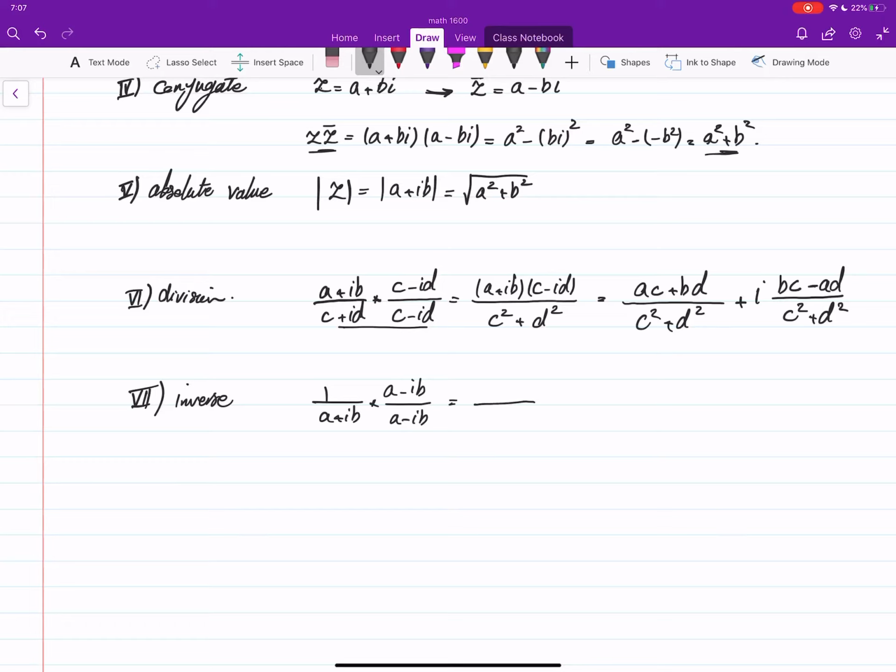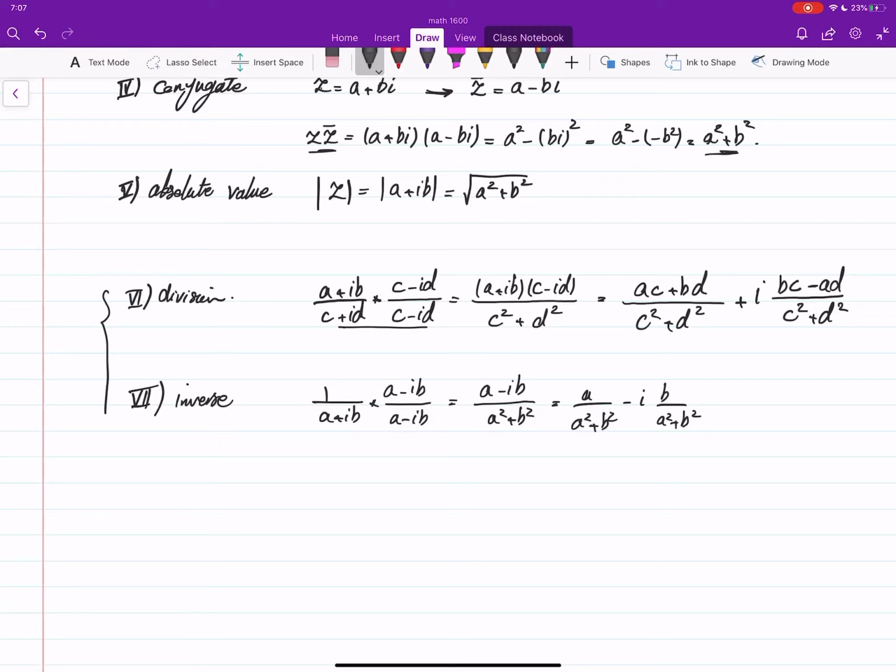You will get (a minus ib) over (a squared plus b squared), and this will be a over (a squared plus b squared) minus i b over (a squared plus b squared). So you can find the inverse of a number, which is basically a special case of the division that you see. If you know inverse, you know the division. If you know the division, you know more things, which is inverse.